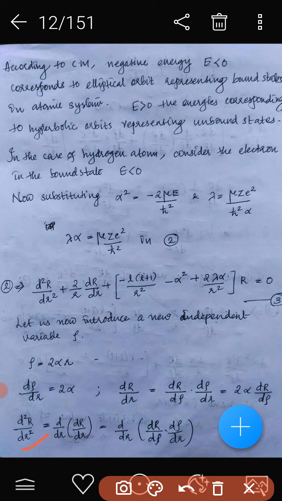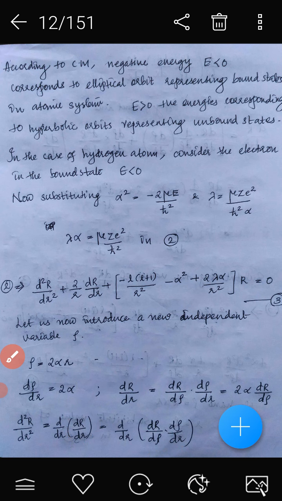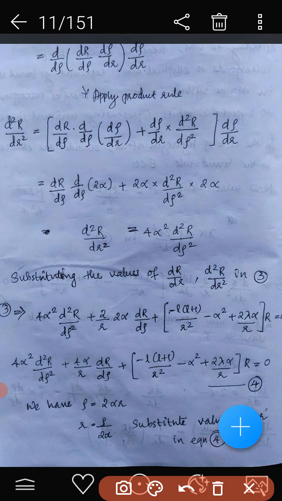And d square R by dr square is d by dr of dR by dr, which is equal to d by dr of dR by d rho into d rho by dr. Now we can apply the product rule here, and instead of d rho by dr I substitute 2 alpha, here also 2 alpha. Then that becomes 4 alpha square d square R by d rho square.